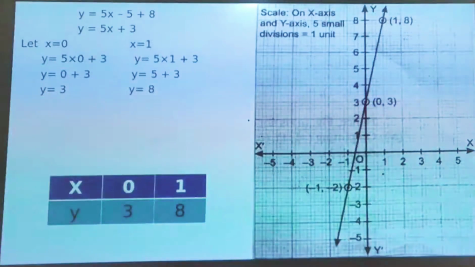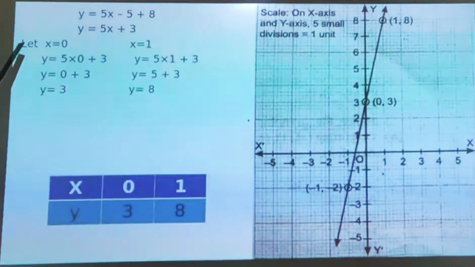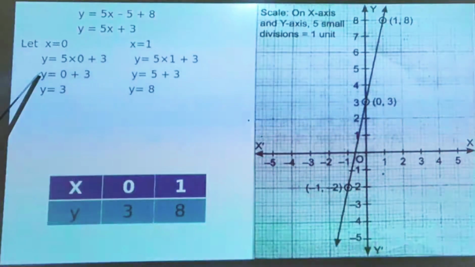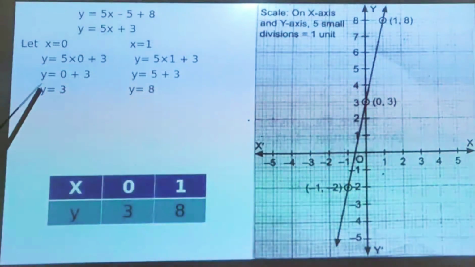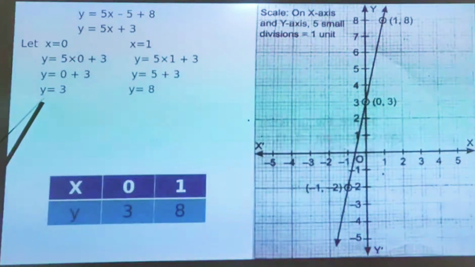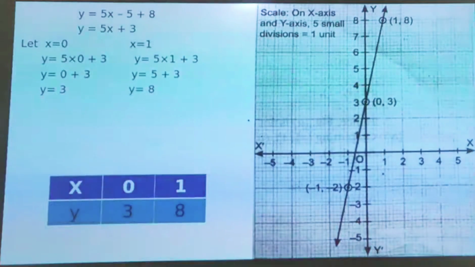Now let's again take different values of x and find y. So first let x equal to 0, that is y equal to 5 into 0 plus 3. So we'll get y equal to 0 plus 3, that is y equal to 3. Now we take the value of x as 1.